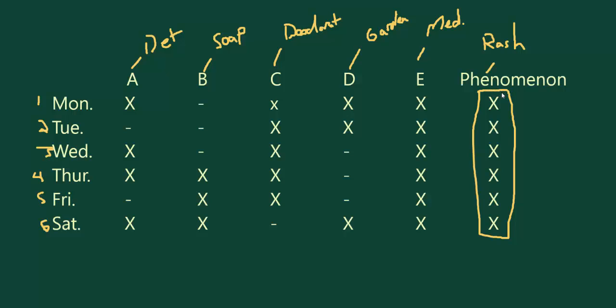And so we're looking for falsification, and the only way we can get falsification in this case is if we're looking at necessary conditions. So we ask ourselves, is A necessary for the phenomenon to occur?